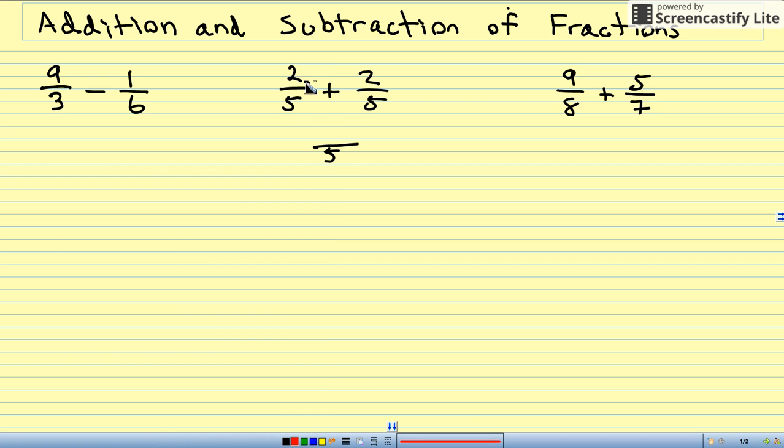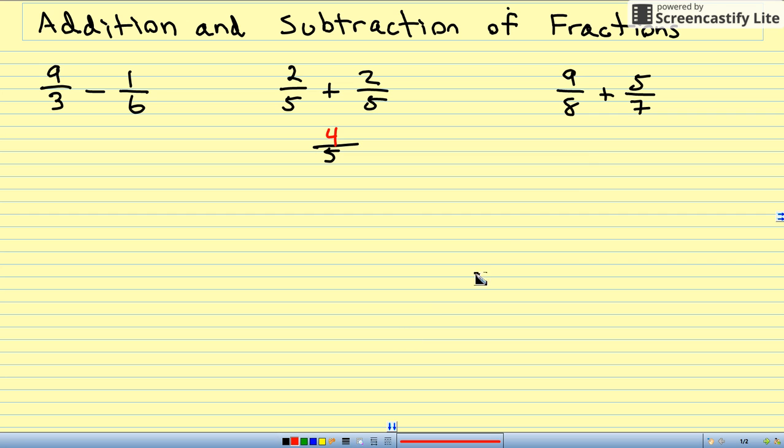I'm going to take the top numbers, 2 plus 2, and add them together. So 2 plus 2, 4. So I got the final answer of 4/5. If you have to, after you're done adding, reduce the numbers. Not a problem.